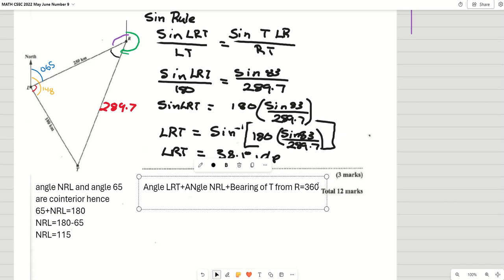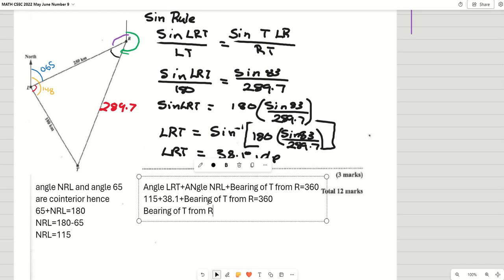So we put 115 plus 38.1 plus the bearing is equal to 360.